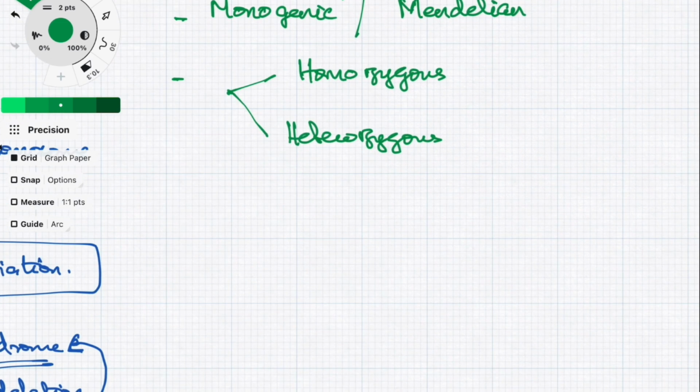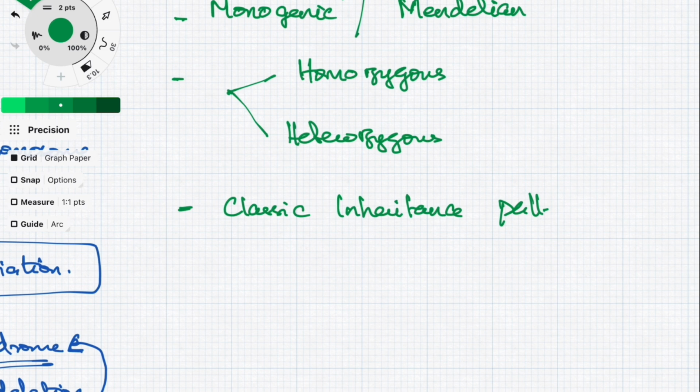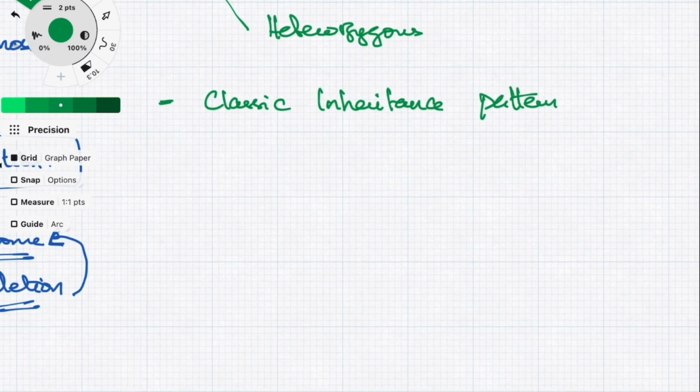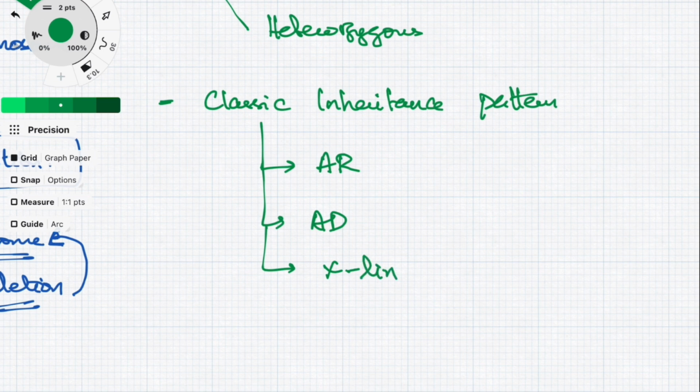Now the characteristic feature of this is that they show what is called a classic inheritance pattern. What does it mean? You can classify these disorders according to pedigree analysis. So they would reflect as autosomal recessive, autosomal dominant, or X-linked disorders.